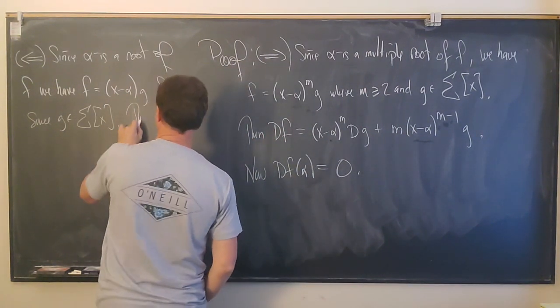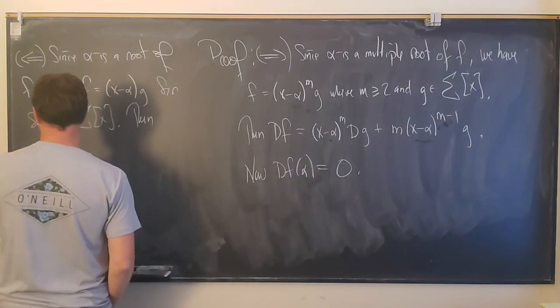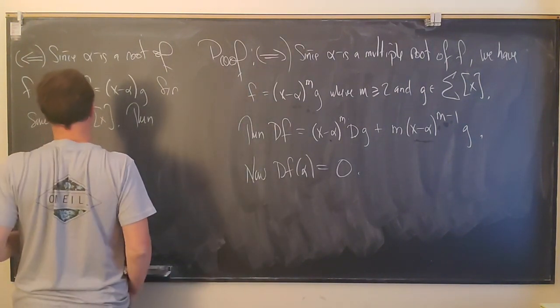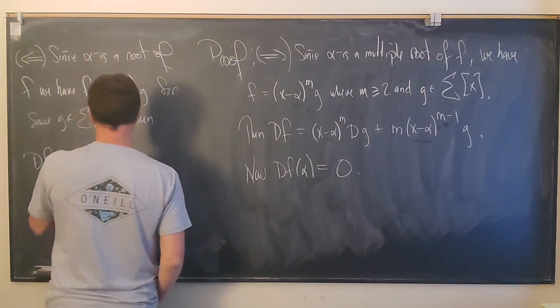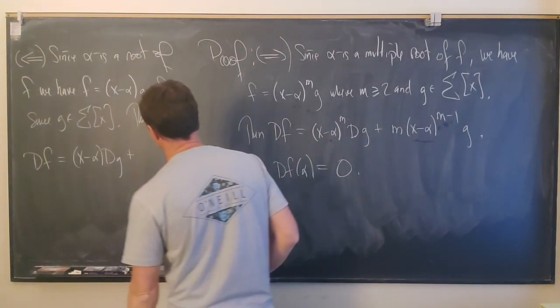So df is equal to (x minus alpha) times dg plus g.